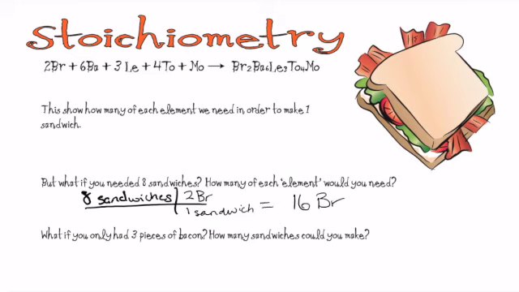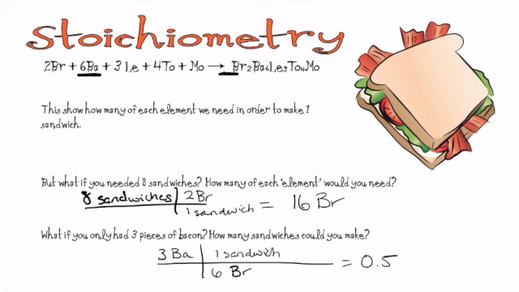What if we only had 3 pieces of bacon? How many sandwiches could you make? So if we had 3 bacon, now we would look at the coefficients between bacon and the sandwich. One sandwich needs 6 pieces of bacon, so we could make 0.5 sandwiches, or half a sandwich.